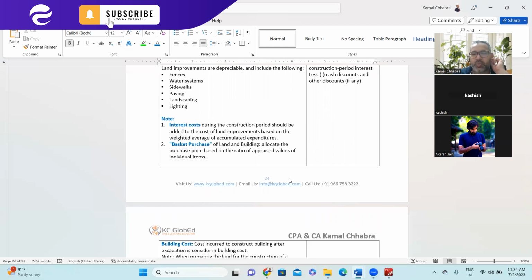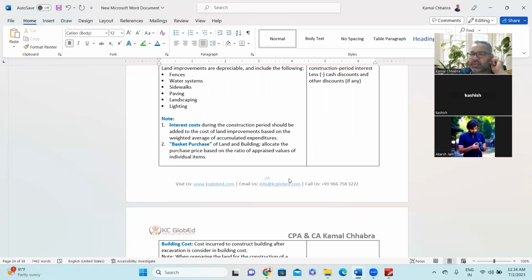So there is generally no timeline, hence no interest is added to the land cost. But if you are investing in fencing, water system, sidewalk, paving, landscaping, excavations, whatever interest cost you have incurred during that period, you can add into the land improvement cost, and that can be depreciated over time.